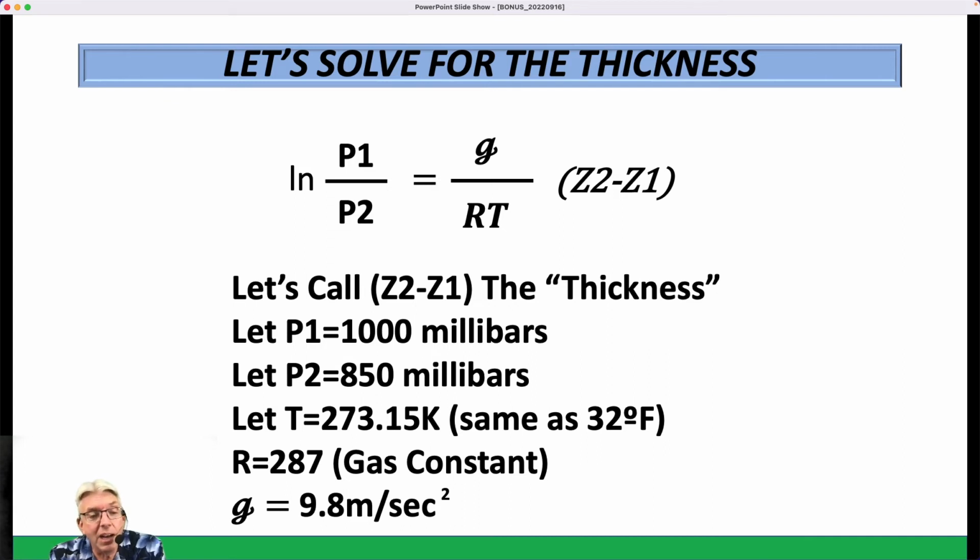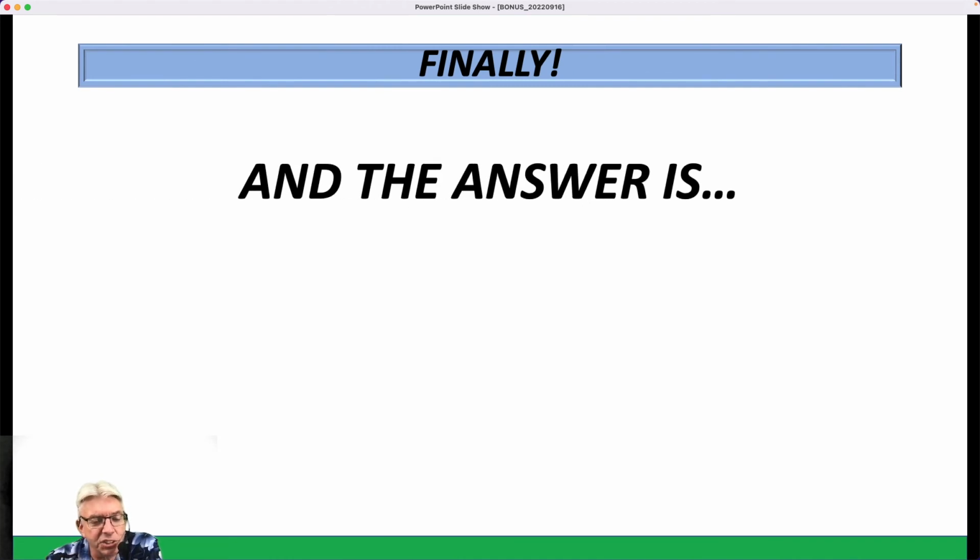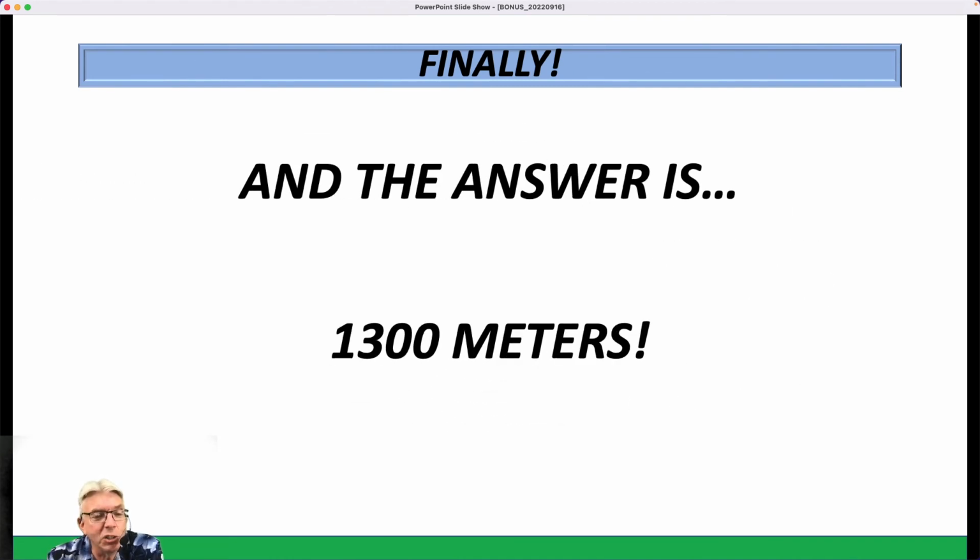Because we want to find out what the thickness is when the average temperature of that layer is freezing. Okay, because it may give us an idea where the boundary between rain and snow is going to be. R is equal to 287, which is the gas constant, and the gravitational constant, again, is 9.8 meters per second squared. And the answer is 1,300 meters.